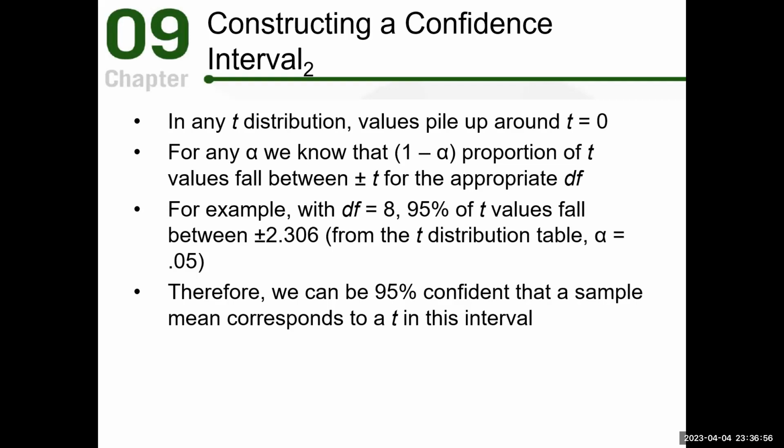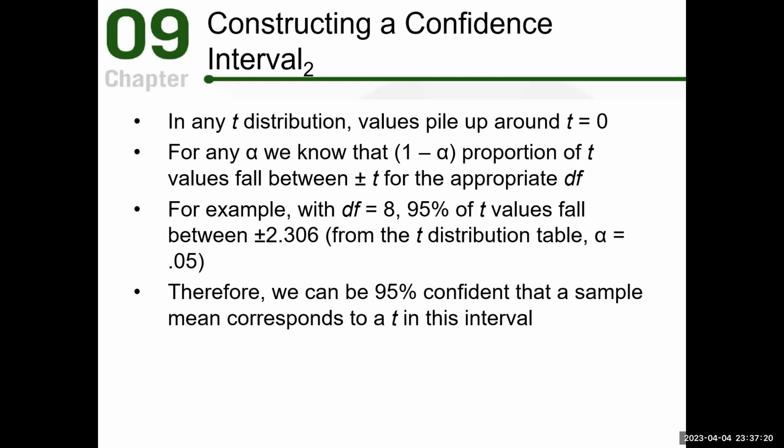So for example, with a degree of freedom of 8, 95% of the t values fall between plus or minus 2.306. We got that value 2.306 by using the degree of freedom of 8, and we're using the two-tailed test for 5%.